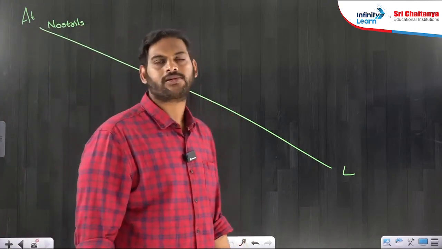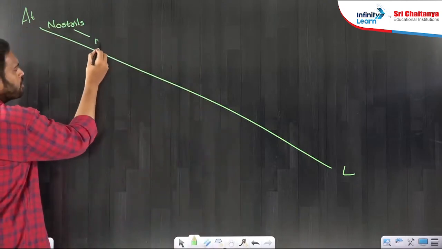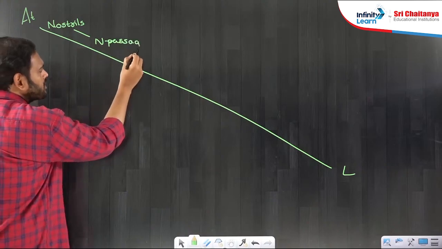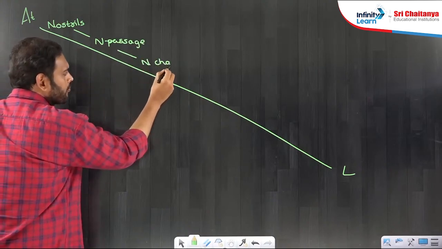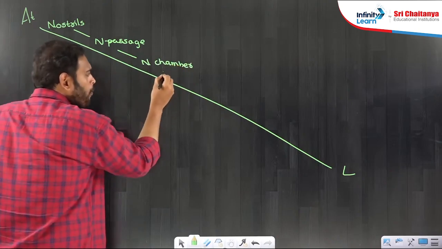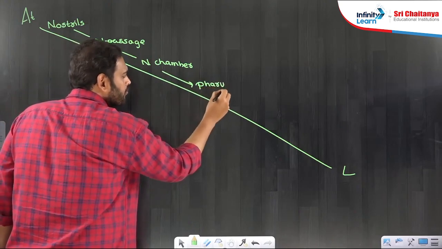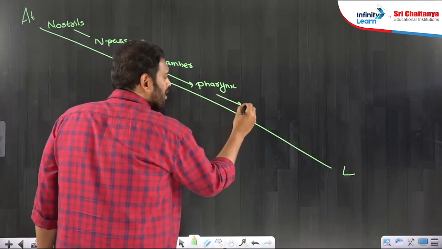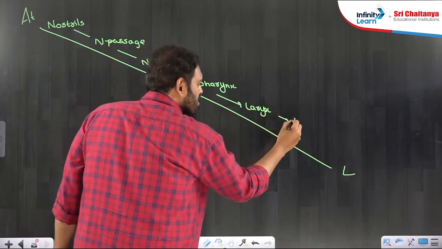Nostrils open into the nasal passage, and this nasal passage opens into the nasal chamber. And this nasal chamber directly opens into the pharynx. Pharynx leads to the larynx. Larynx opens into the trachea.